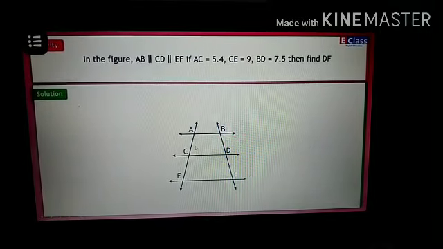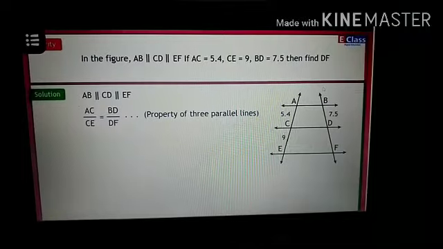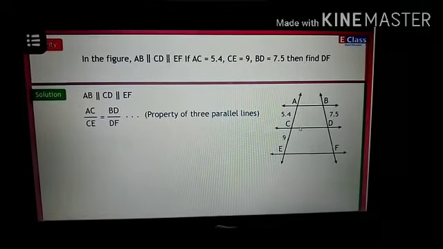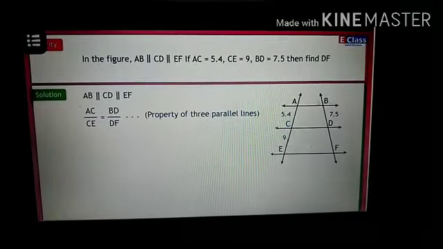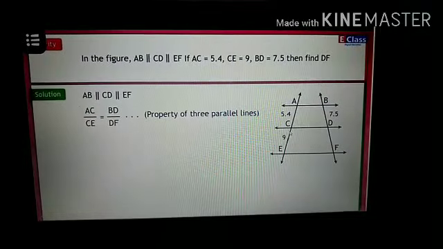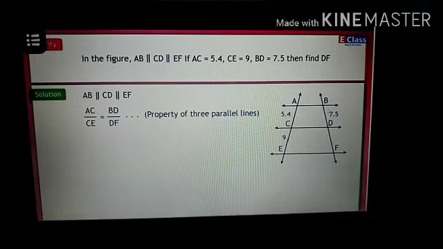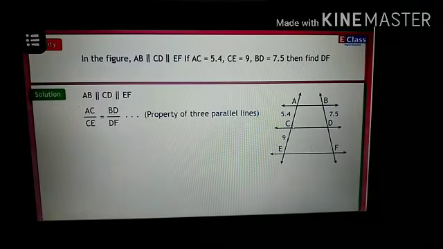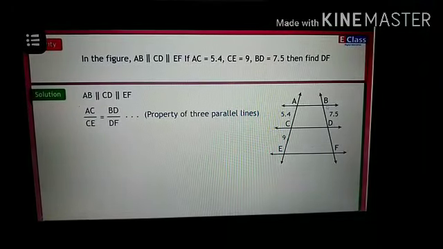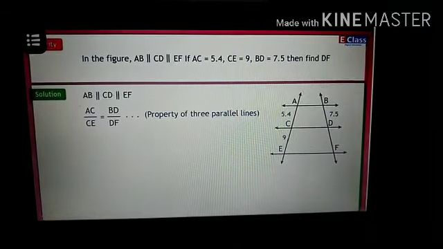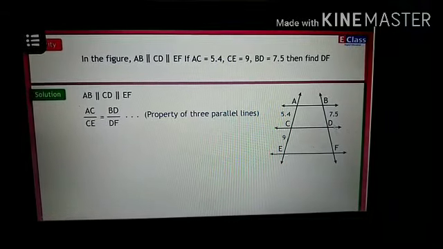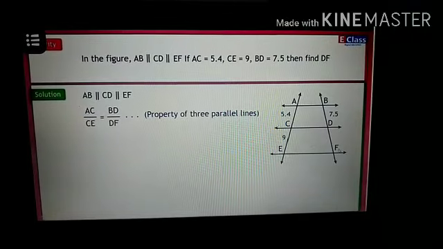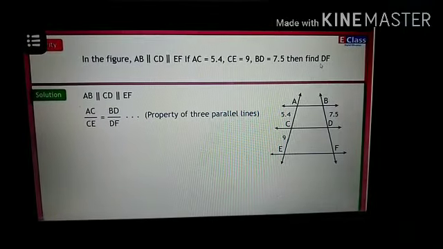Let's fill in the given values. We draw the figure on the right hand side of your page, where the ratio AC upon CE is equal to BD upon DF, where AC is 5.4, BD is 7.5, CE is 9, and DF is the unknown value which we have to find.